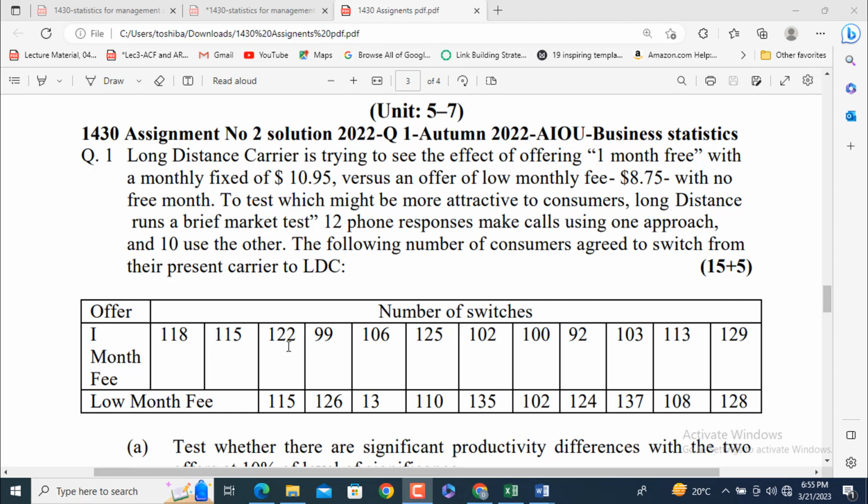In order to test the productivity of the two packages, he selected 12 phone respondents for package 1 and 10 users for package 2. The number of users who switched from the existing carrier to the LDC is given in this table. So let's move to the solution.